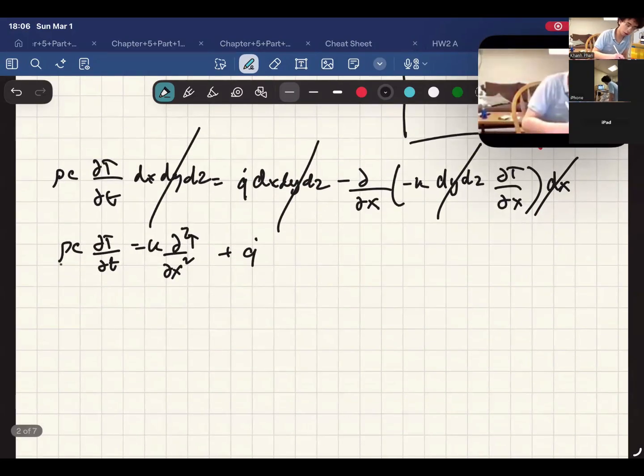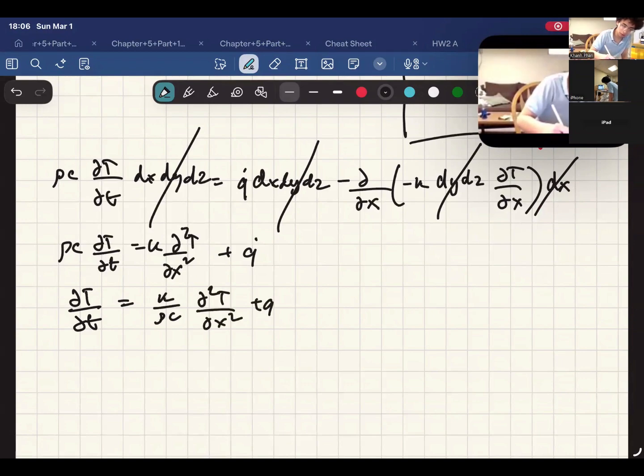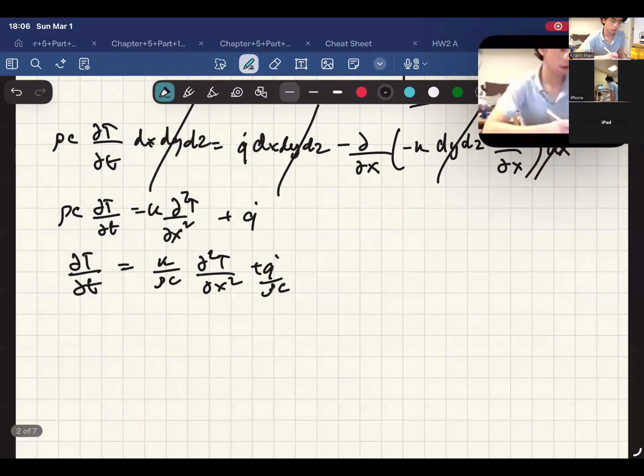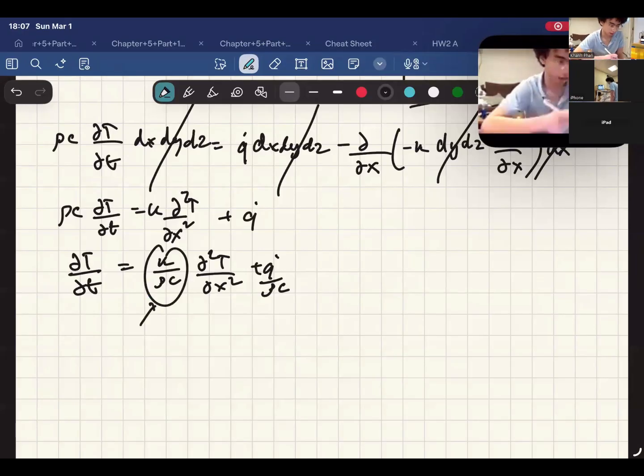And then we can move density and heat capacity over to the right side. So we have dT, the change in temperature over time, equals k over rho c times the second derivative, plus q over rho c. So we know that k over rho c is the thermal diffusivity constant alpha.